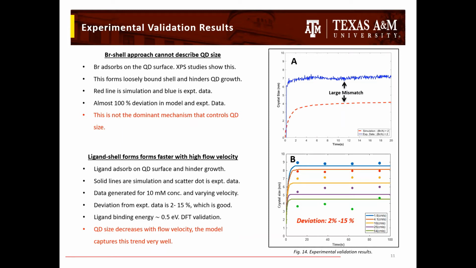The deviation between the experimental and simulation model is from 2 to 15%, which is very good considering the error in the experiments. Also, these are for varying flow rates because it's a continuous crystallizer. So we have tried to validate this model throughout the operating flow rates of the plug flow crystallizer.